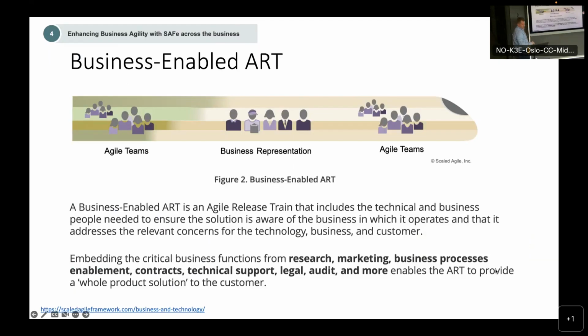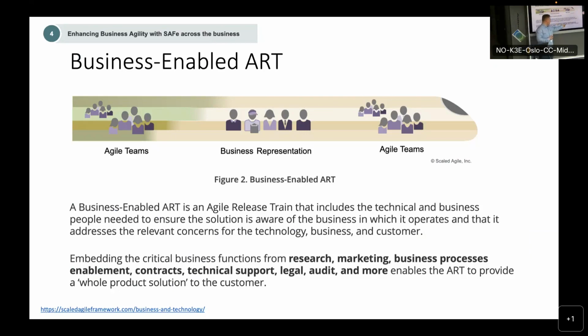So the business-enabled ART is where they're focusing on that this team of teams, they need more of the business people on it. It's not enough just to have the IT people teams organized and together, but actually have a lot of the business represented on the same team of teams.